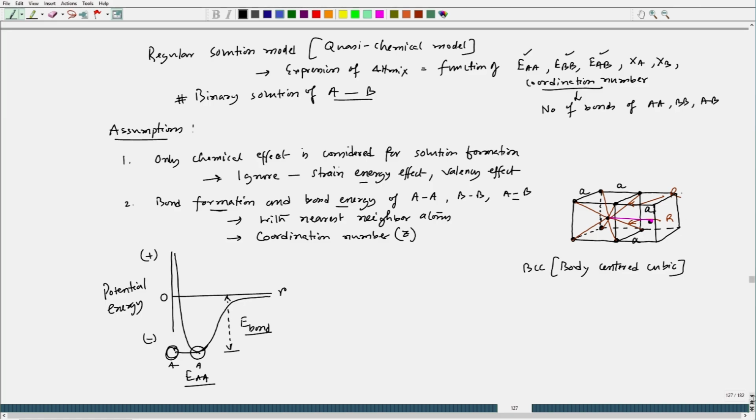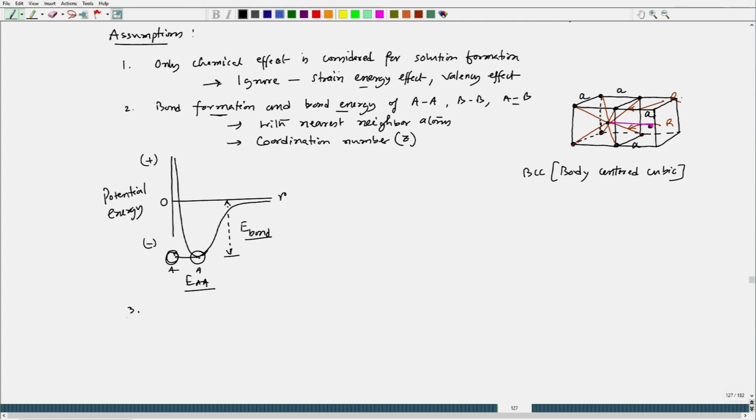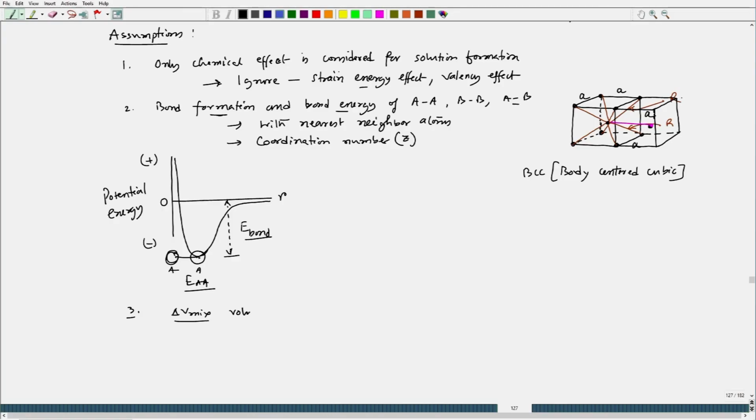Now, the third consideration. It says that del V mix, that means once those two pure metals are mixed together to form a solution, the solution would have some volume, and before that the pure metals have their own volumes, but if you combine them together, the volume change due to mixing or solution formation is considered to be 0.